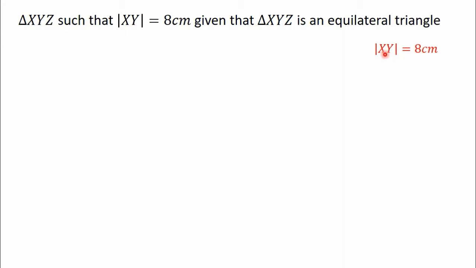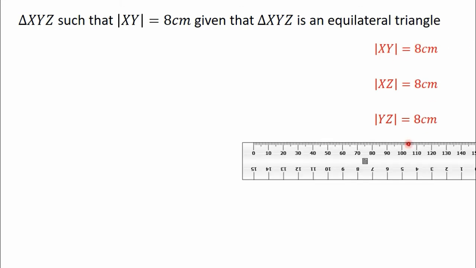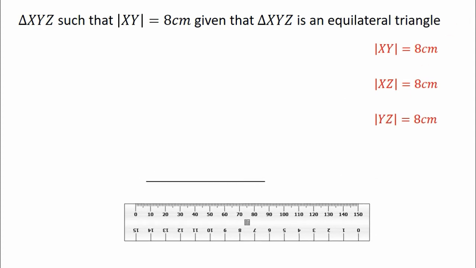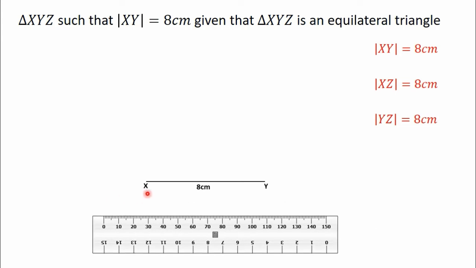So the side XY is 8 centimeters, the side XZ is 8 centimeters, and the side YZ is also 8 centimeters. I'm going to use the side XY as the base. You pick your ruler and you draw a horizontal line which is 8 centimeters long. We have the line here. This is point X and this is point Y. The length of the side XY is 8 centimeters.